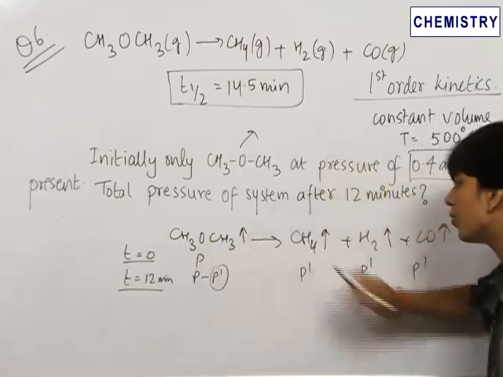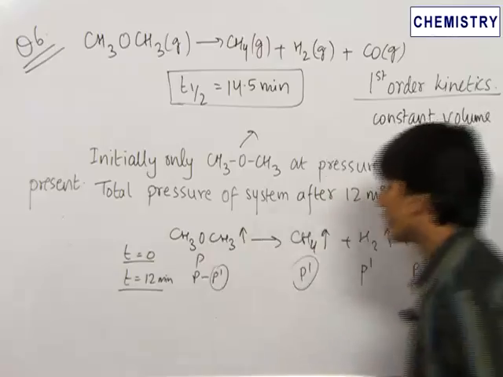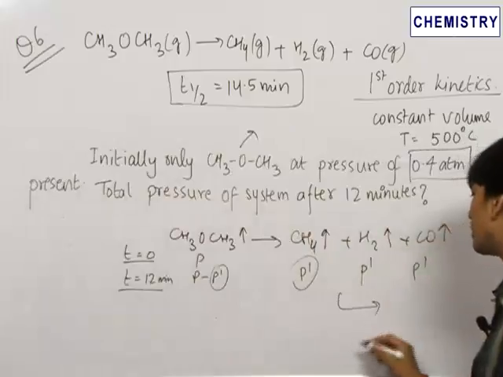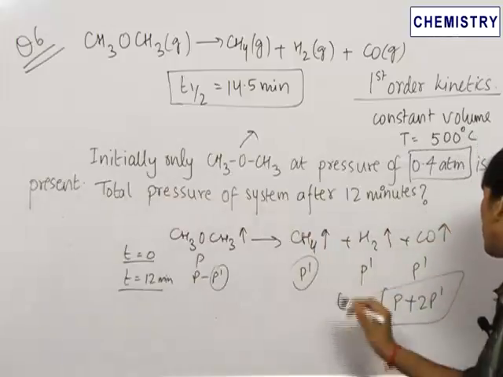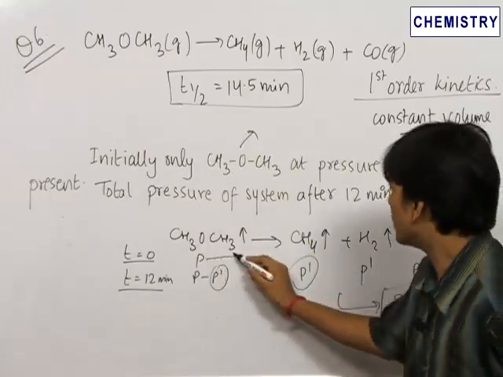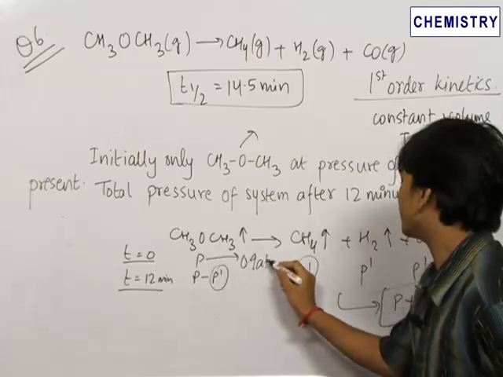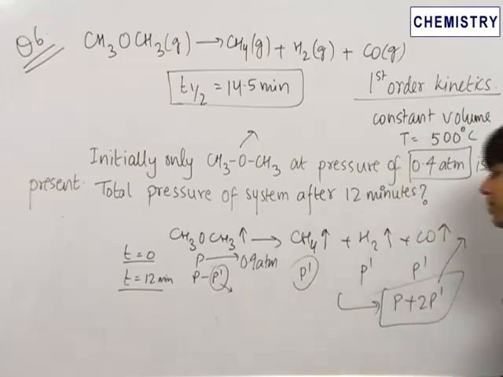So X moles of CH4 will be produced, which will create a pressure of P dash, and similarly for H2 and CO. Therefore we can write the equation like this. So the total pressure at this stage comes out to be equal to P plus 2 times P dash. So P plus 2 P dash is what we need to find. P is given to be equal to 0.4 atm. So we need to find out P dash to get our final answer.